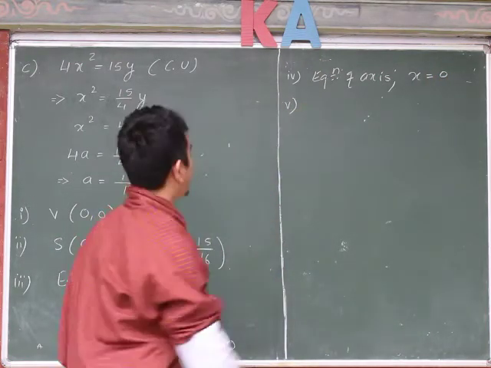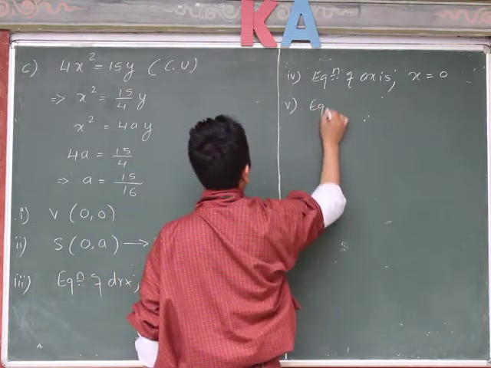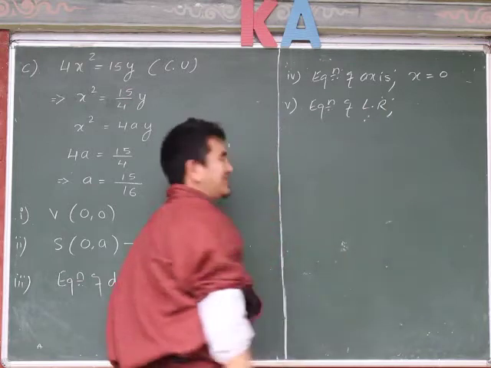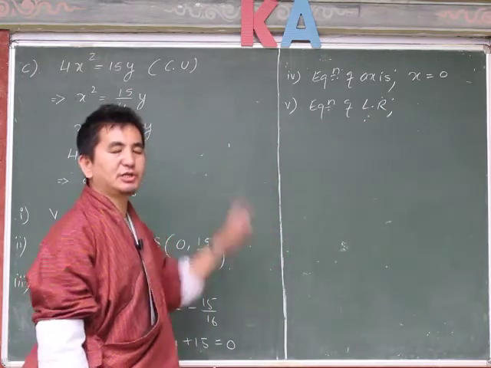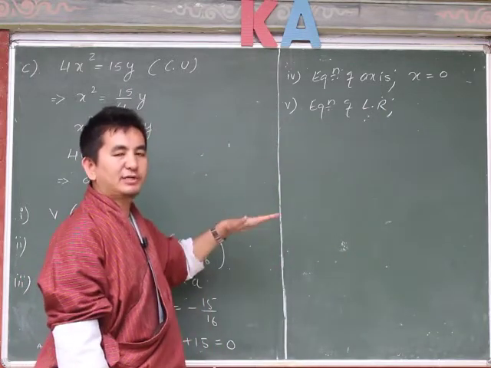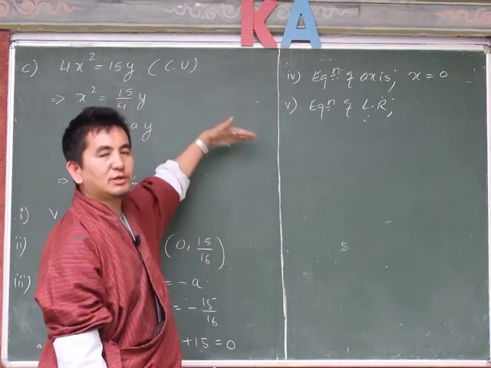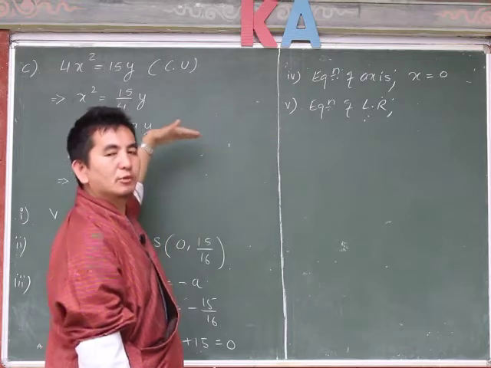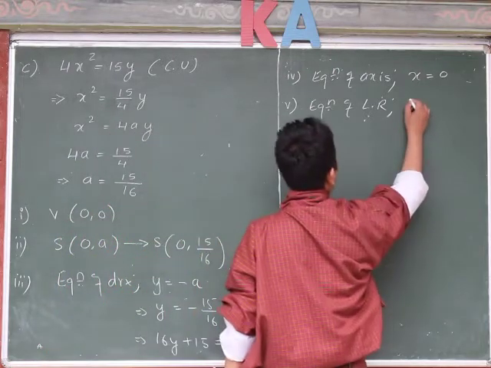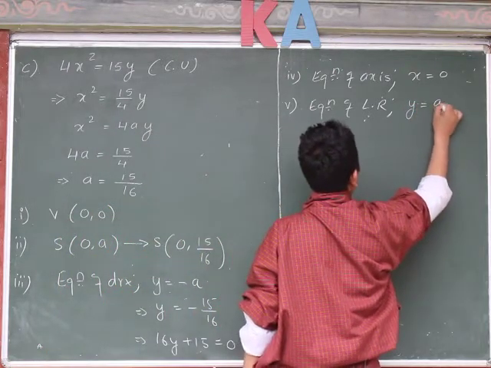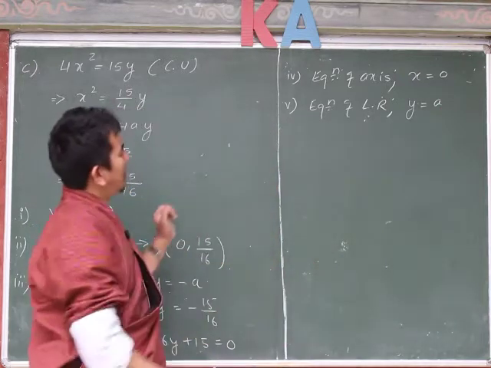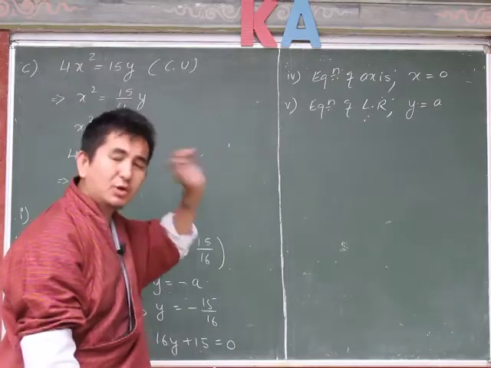Then number 5, we have the equation of latus rectum. This is concave up. We have the directrix here. The latus rectum passes through the focus, which is in the upper quadrant. So what's the equation of latus rectum? We have y equal to a. You need to get it, or you might get confused.